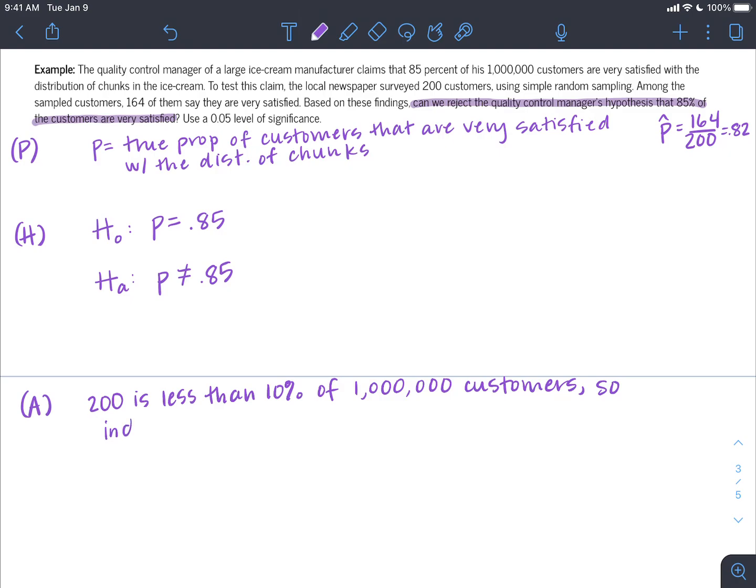So we're good with independence. Okay, it did say that they used a simple random sample, so that helps that there's no bias here. So an SRS was used.